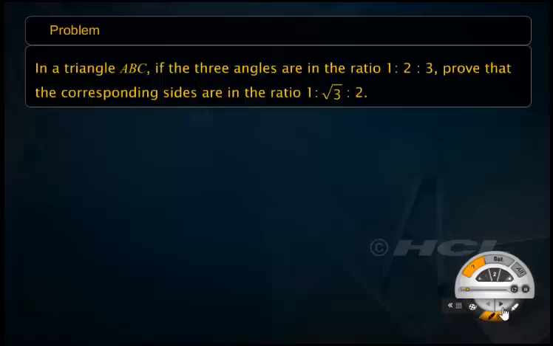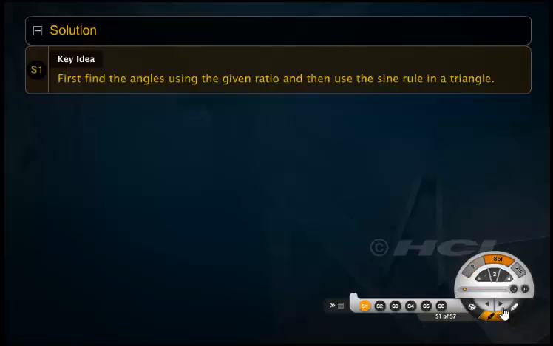In a triangle ABC, if the angles are in the ratio 1 to 2 to 3, prove that the corresponding sides are in the ratio 1 to root 3 to 2. The key to solve this question is to first find the angles using the given ratio and then use the sine rule in a triangle.